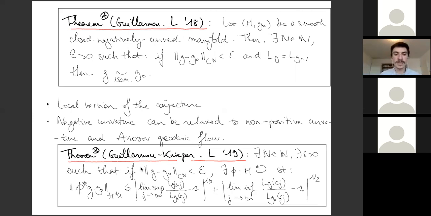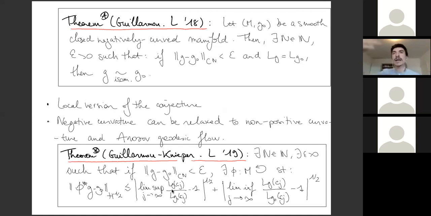So what we prove is, again, there's a small neighborhood of the metric g0, such that if you pick a metric g in this small neighborhood, there exists a diffeomorphism phi, such that phi star of g minus g0, which has to be understood as a distance between the isometry classes of g0 and of the metric g, is controlled by the ratio of the Mark-Lane spectrum, but when you only look at lengths going to plus infinity.